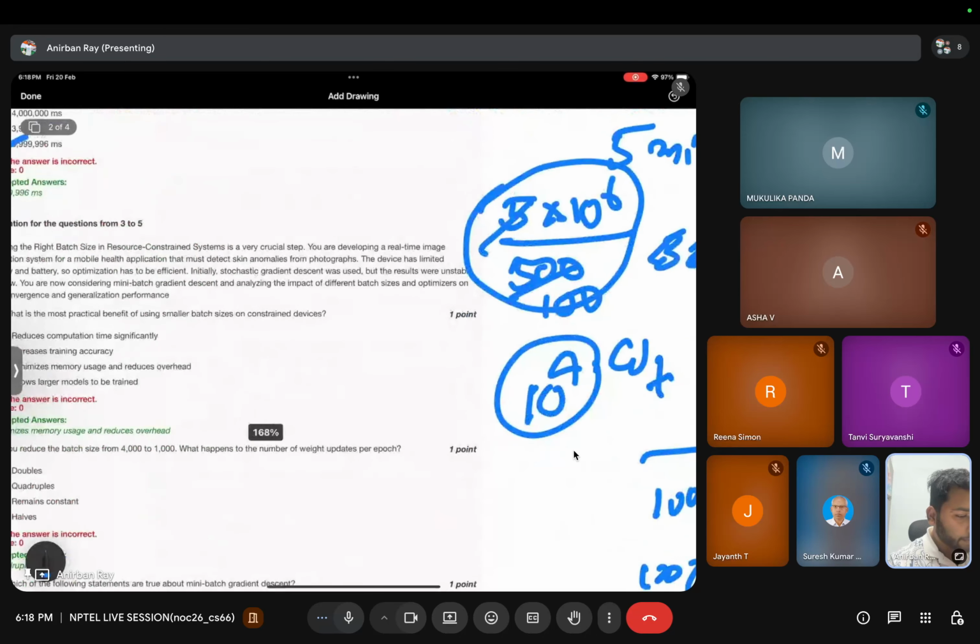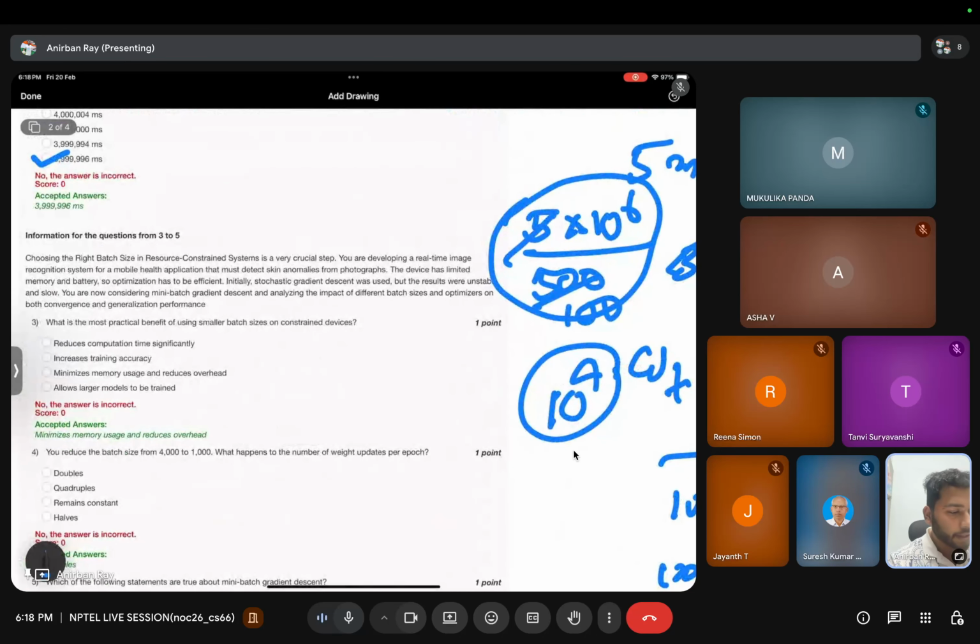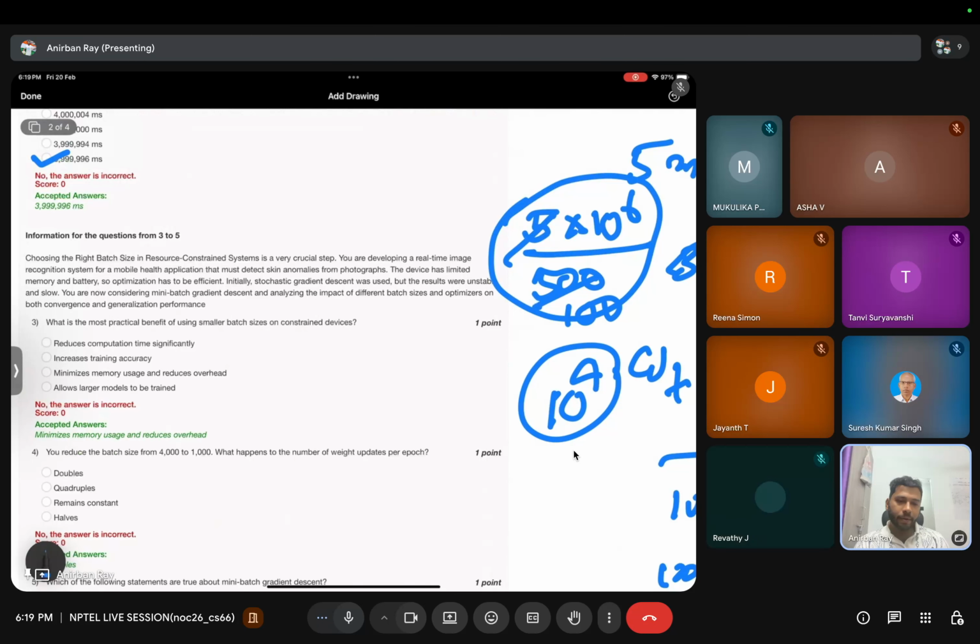Choosing the right batch size in a resource constrained system is a very crucial step. When calculating the gradient updates, we need to select the batch size such that our computing device memory or RAM is fully loaded.